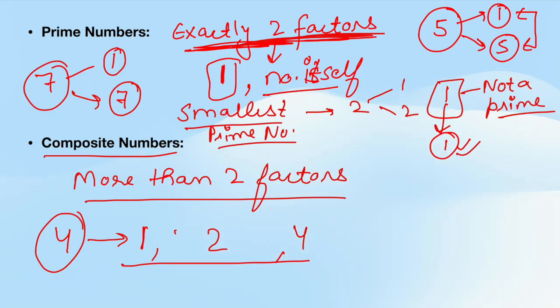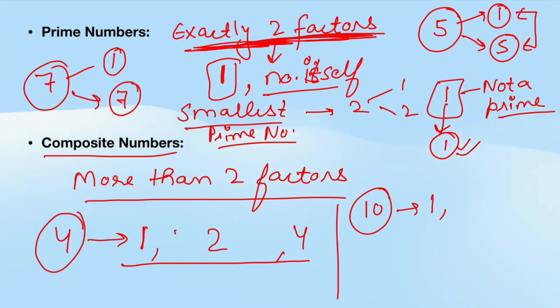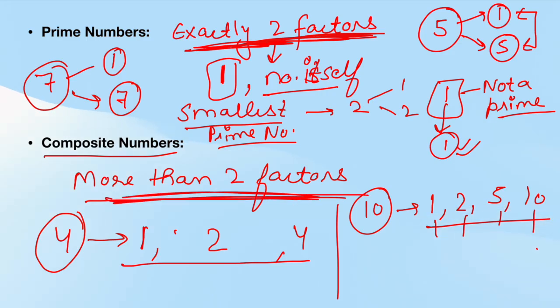So these are three, means more than two factors. If I ask about 10, what are the numbers which can divide 10? 1, 2, 5, and 10 itself. Means 4 factors, more than two factors. If a number has more than two factors, it is known as a composite number.